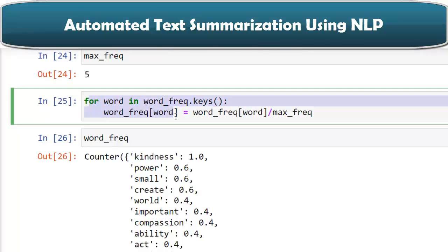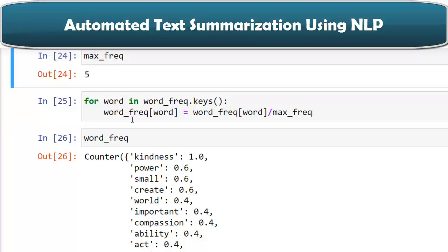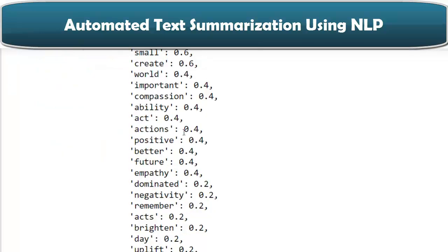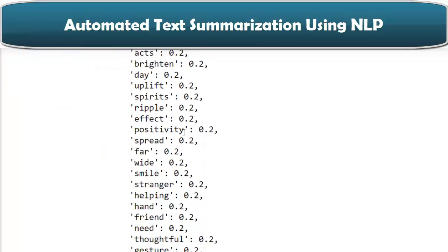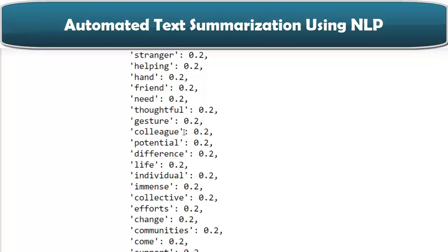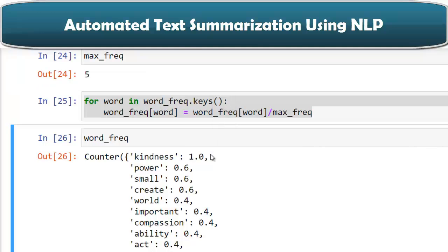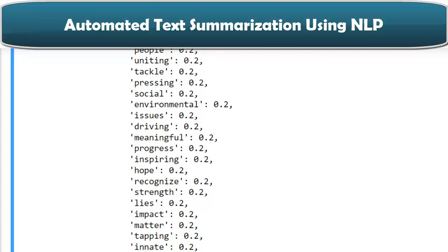This loop iterates through each word in the word frequency dictionary keys and normalizes the frequency of each word by dividing it by the maximum frequency, in our case 5. This normalization process scales all the word frequencies to be between 0 and 1, ensuring that the most frequent word has a normalized frequency of 1, while less frequent words have lower values.